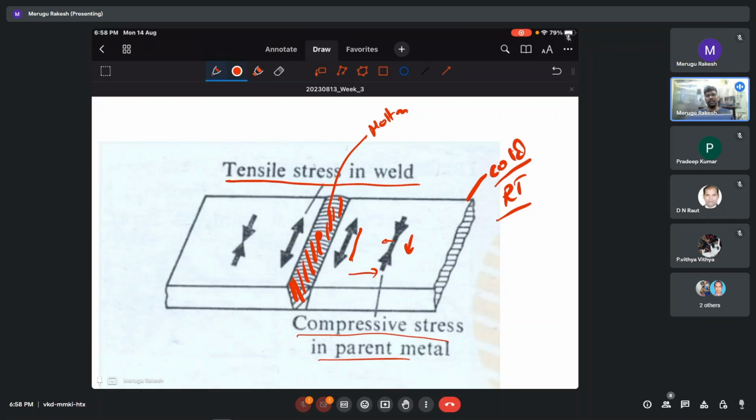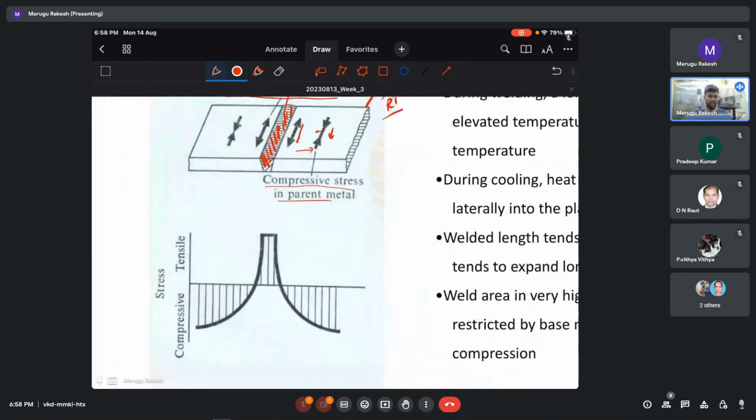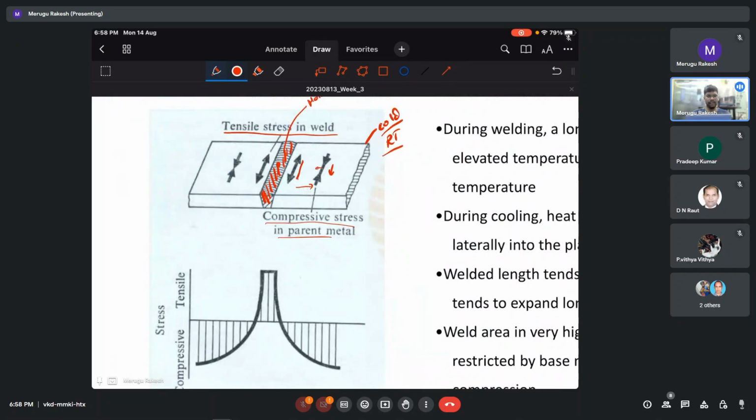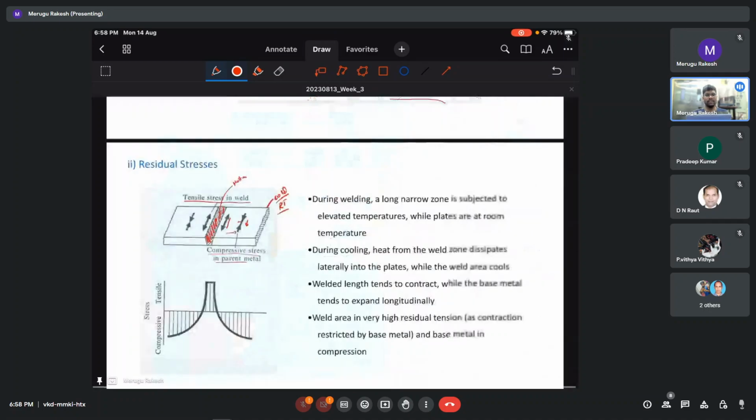The reason is that the high quality glass is heat treated and all these residual stresses are removed, so there is no hindrance to the mechanical properties. Okay, and you see the graph at the bottom as well: compressive, then tensile, and then compressive. This is how the residual stresses are formed in weld joints.